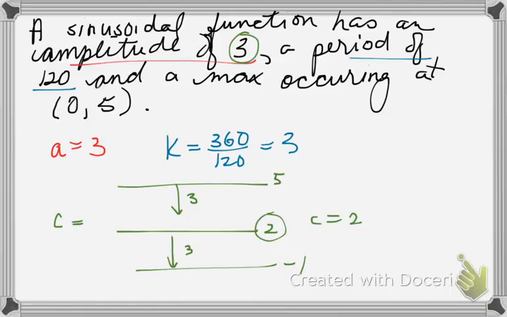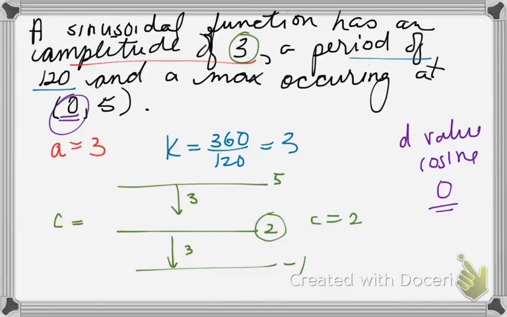The next thing that we also know is that our max occurs at 0. If your max occurs at 0, it's telling you information about the cosine function. So the d value for cosine is actually 0 because my max occurs at an x value of 0. So always look for where that x value is. If it tells you information about the max, it's telling you information about cosine.